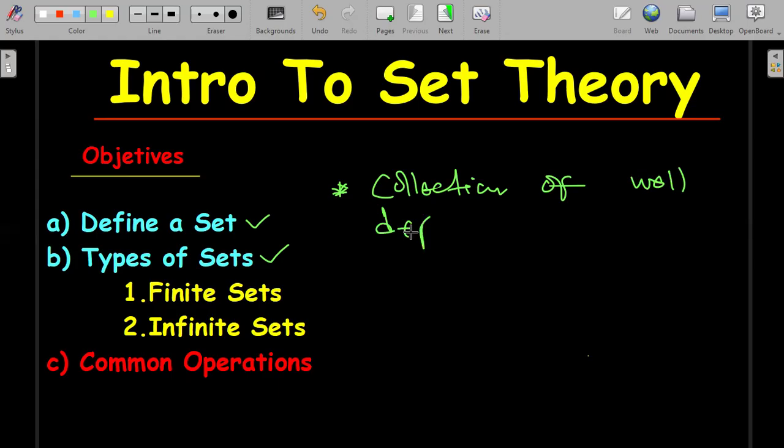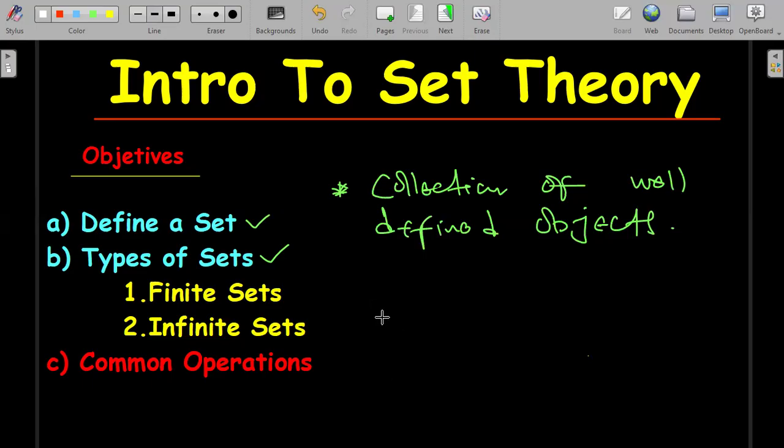So this is what a set is. If the objects are not well defined, then we cannot refer to that grouping as a set, because the objects have to be well defined. You shouldn't have any doubt that when I get this set, I'm going to find such and such things.